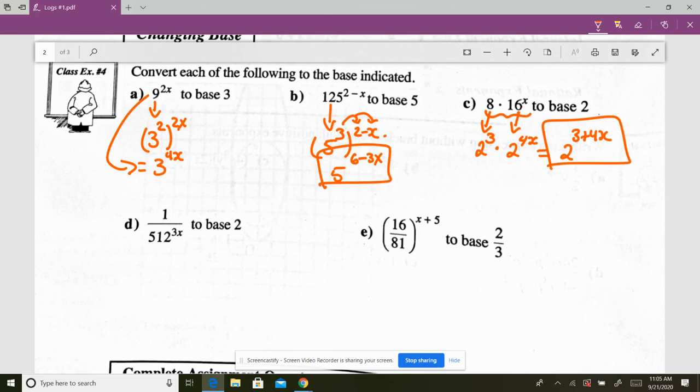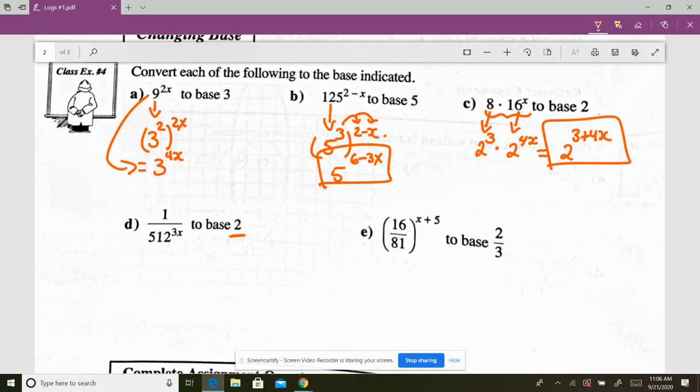All right. 1 over 512 to the power of 3x. Okay, so make it base 2. So first of all, the fraction. We're not changing it to a fraction, right?